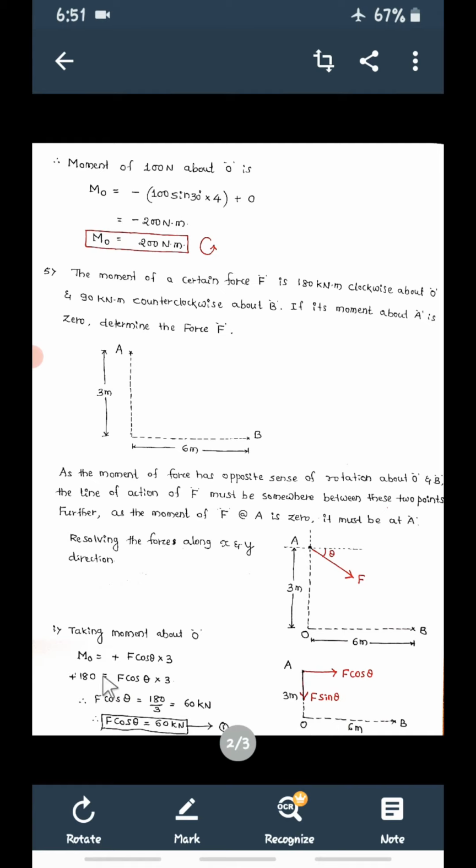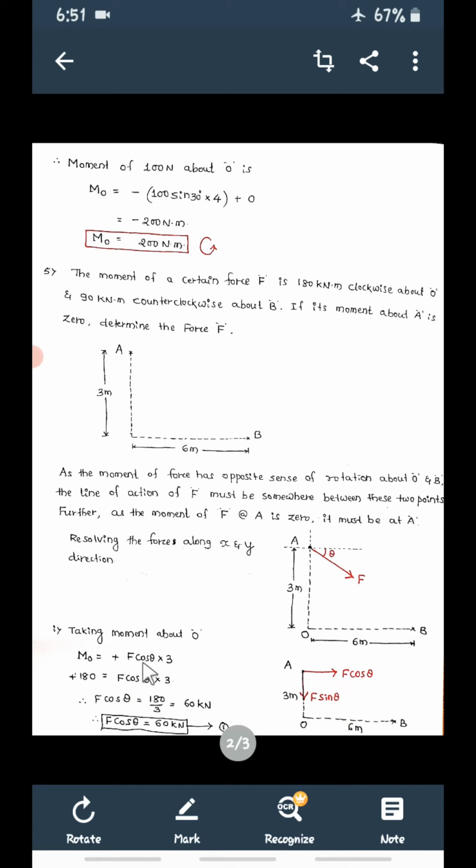So MO is given. MO is equal to, now there are two forces, so take the moment of these two forces about O. This F sin theta will pass through O only, so its moment will be 0. Then what is the moment of this force about O? With reference to O, this is clockwise, and clockwise means plus.